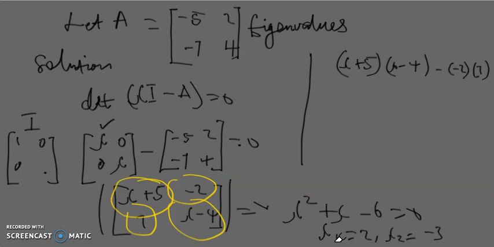Okay, so let's expand this. Lambda multiplied by lambda is lambda squared.